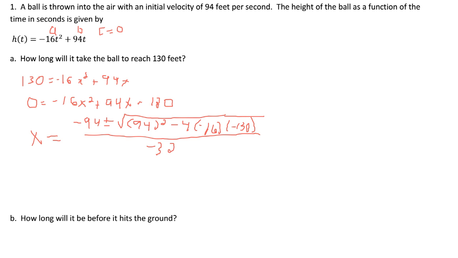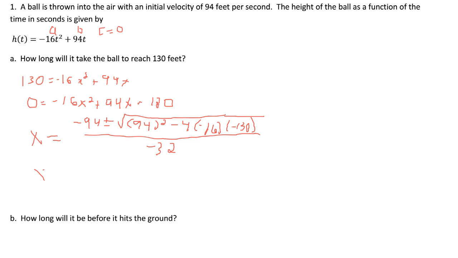A lot of calculator work now. I'm going to do 94 squared minus 4 times negative 16 times negative 130. That gives me 516. I want to take the square root of that 516. I get a rounded off answer of 22.7.